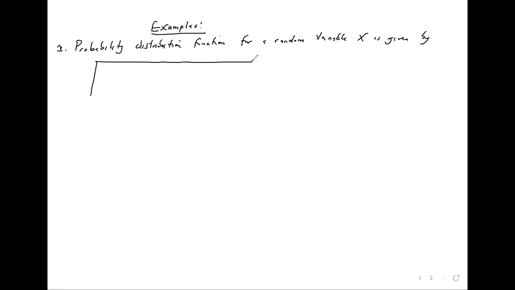The probability distribution function for random variable X is given by, so mostly for discrete, we'll get them in this form.